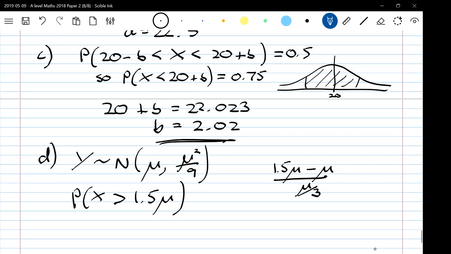Now the advantage of that is that mu cancels out completely. So you end up with a half of mu divided by a third of mu, which is 3 over 2.